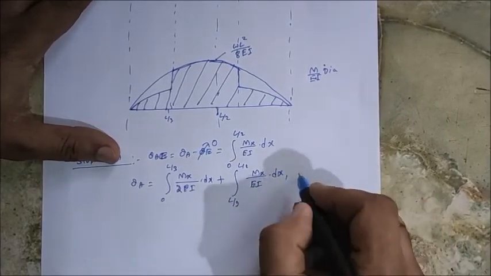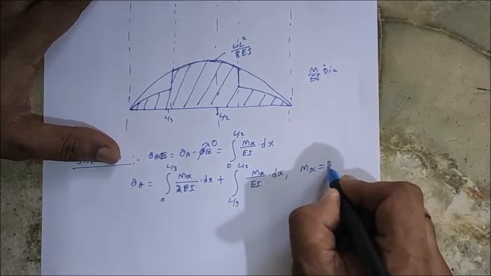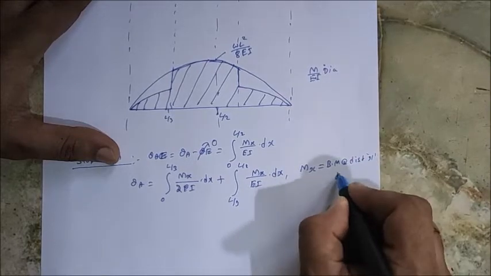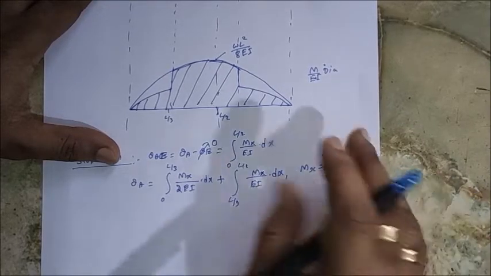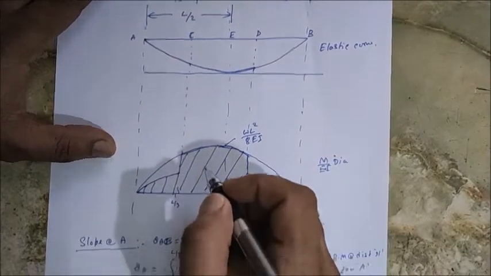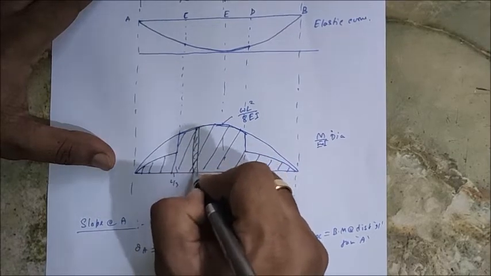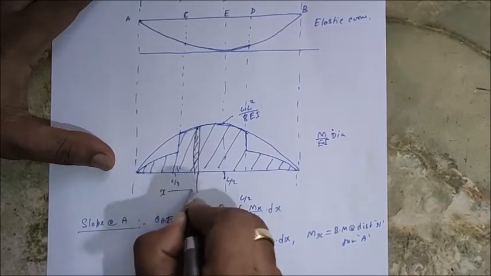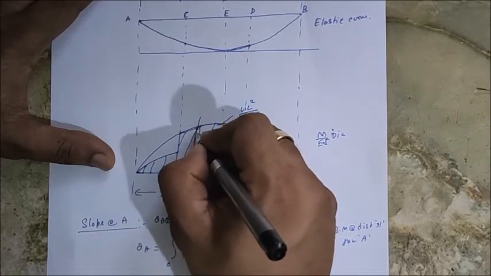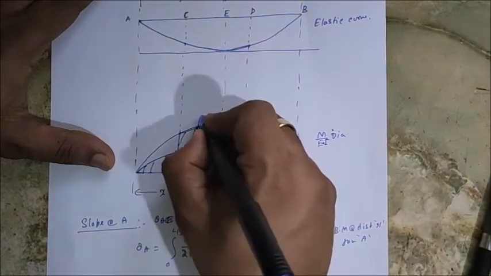Now what is the bending moment? Mx is the bending moment at any distance x from A, because A is my origin point. If you want, I will draw that strip. You take a strip here, at distance x. What is the bending moment at that distance? This ordinate part is Mx.